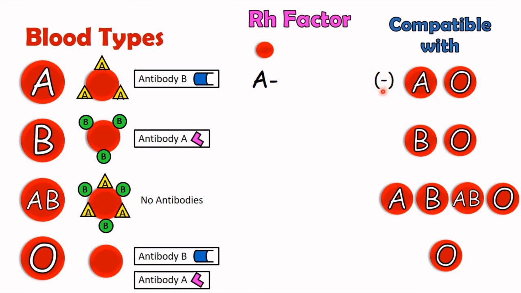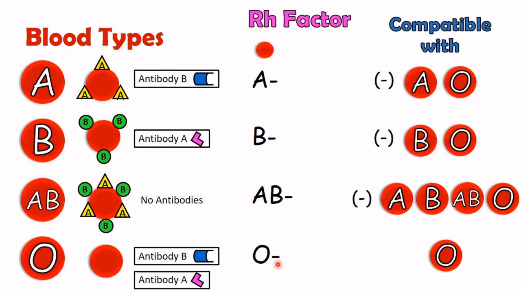Okay, the same goes for B negative. It can receive from negative blood types and also O blood types only. And AB negative can receive from negative A, negative B, negative AB, and negative O. So it only receives from these types of blood which have the negative sign, not from the positive sign.